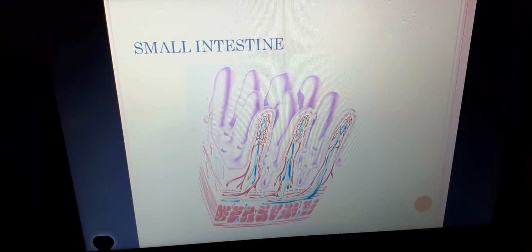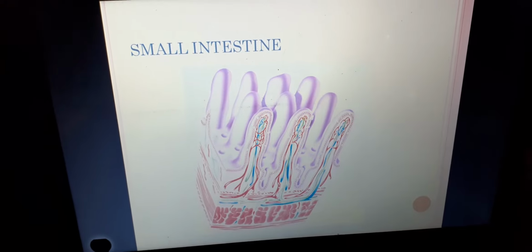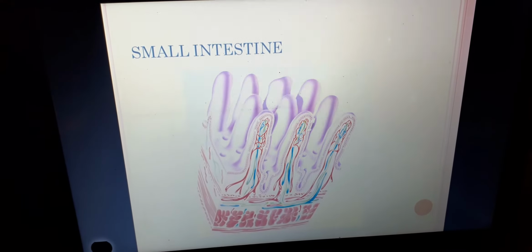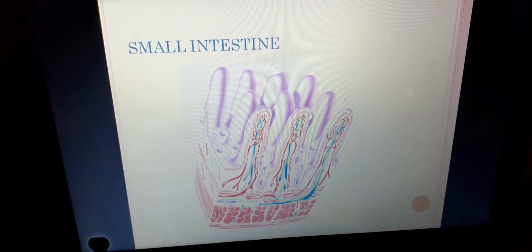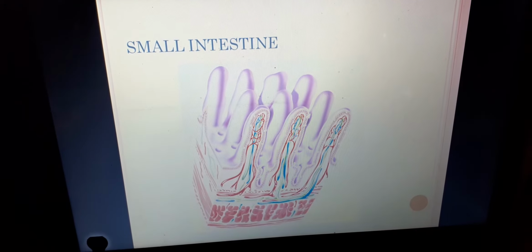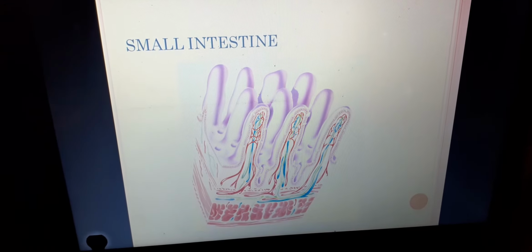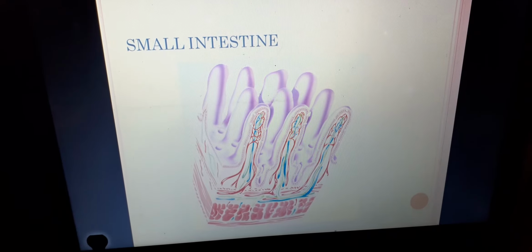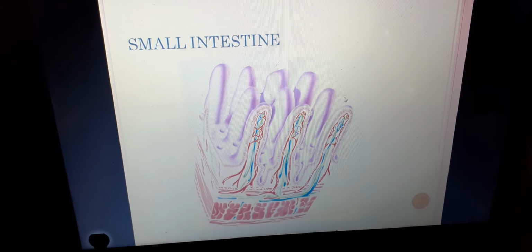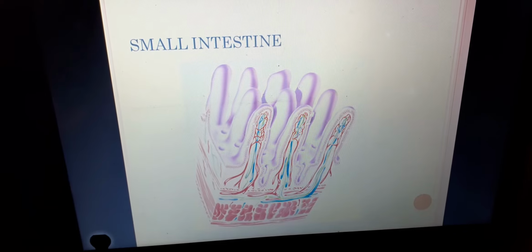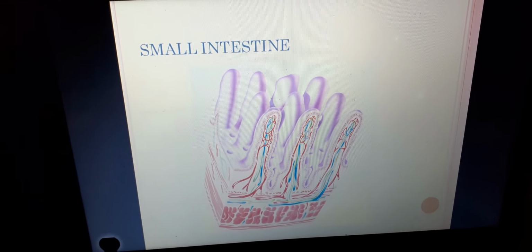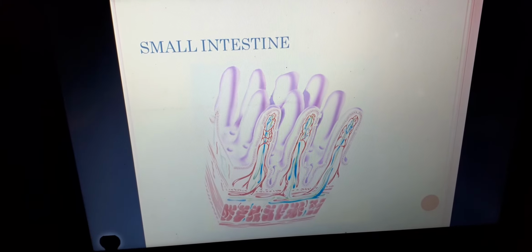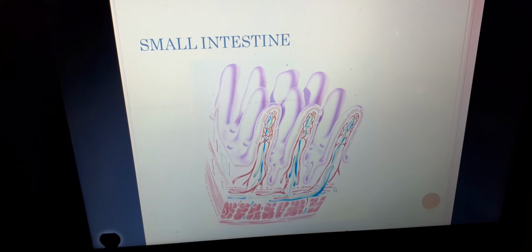The digested food passes through the thin walls. So food passes through the thin wall of these blood vessels and enters the bloodstream. The nutrients enter first this layer and then the blood vessels, and you can see these blood vessels leaving the villus structure.